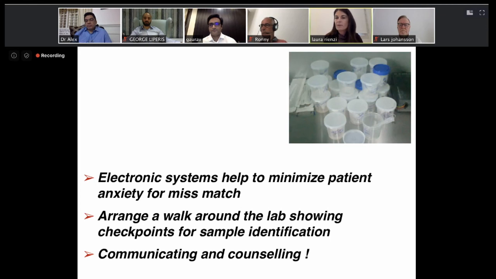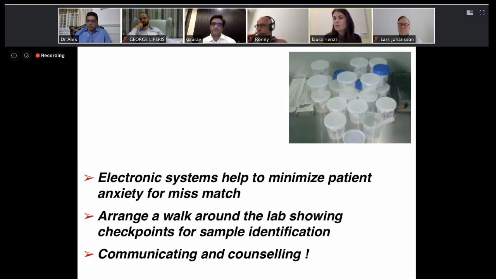So apart from that, the idea of having an electronic witnessing system is not to have more patients or to reassure patients, because you may also have a manual system which is very trustable. It's more for the laboratory. It is for quality control. As Ronnie says, you invest in quality control and you get much more than what you have invested.